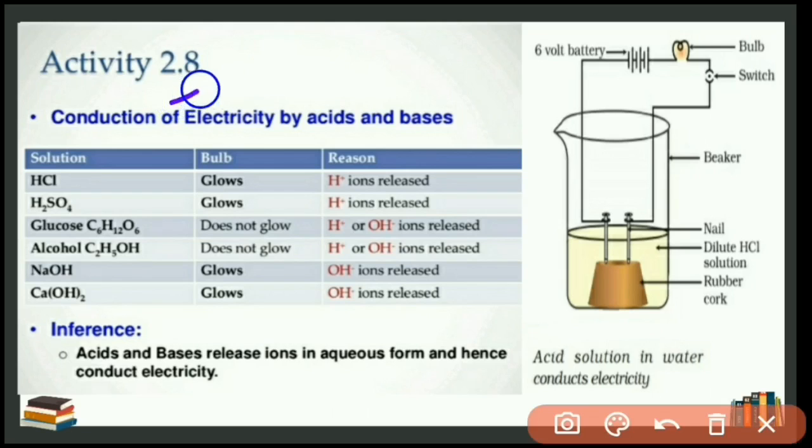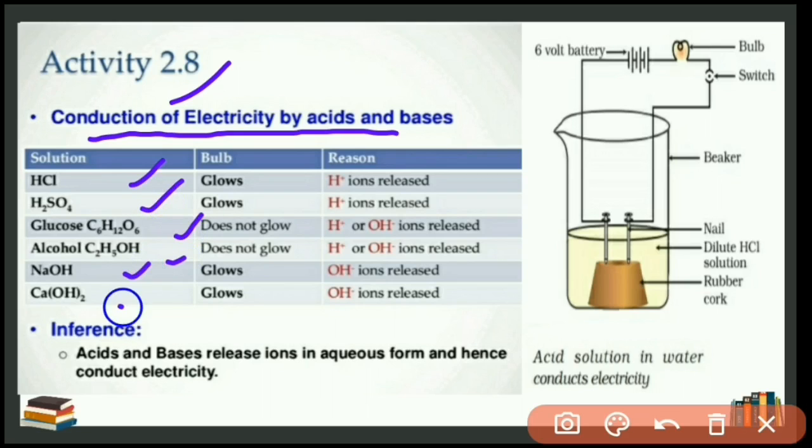Here we observe the conductivity of electricity by acids and bases. For this activity, take different solution samples like hydrochloric acid, sulfuric acid, glucose, alcohol, sodium hydroxide and calcium hydroxide.